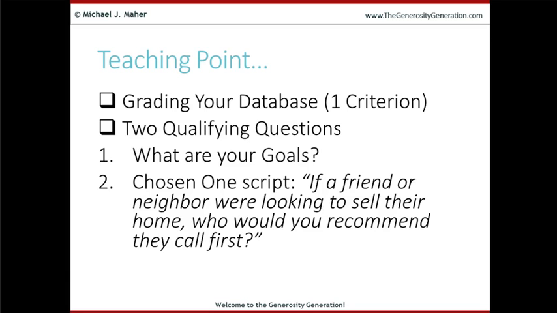So doesn't it make sense that we should grade our database based on how often they refer us, or the value of the homes and people they refer us, right? Those who refer us $1 million homes should probably get more attention than those who refer us $60,000 homes. Okay, that's the truth, period, right?